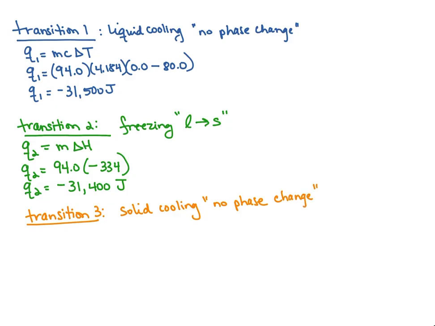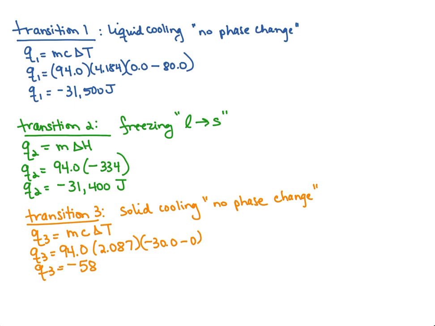If I don't have a phase change, I go back to my old formula, Q equals M times C times delta T, except that my C has to be the specific heat for solid water. Delta T is final temperature minus initial temperature. So Q3 equals negative 5,890 joules.